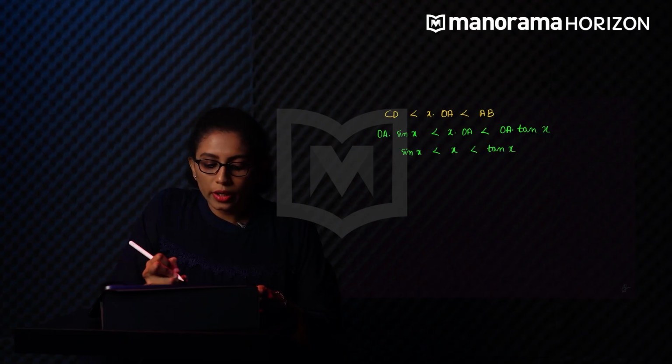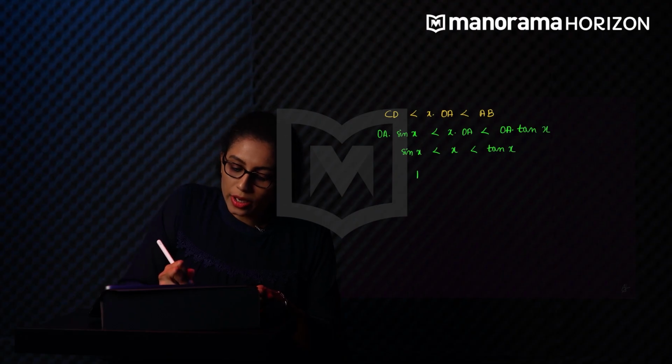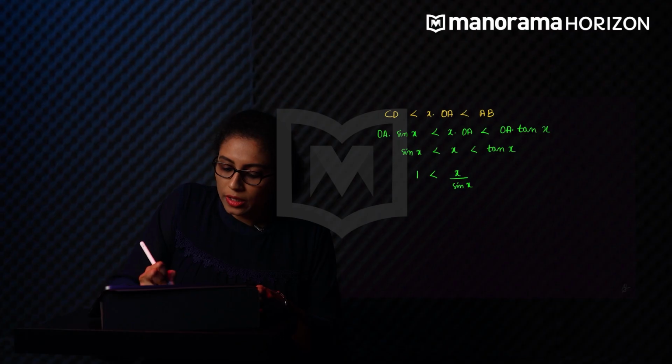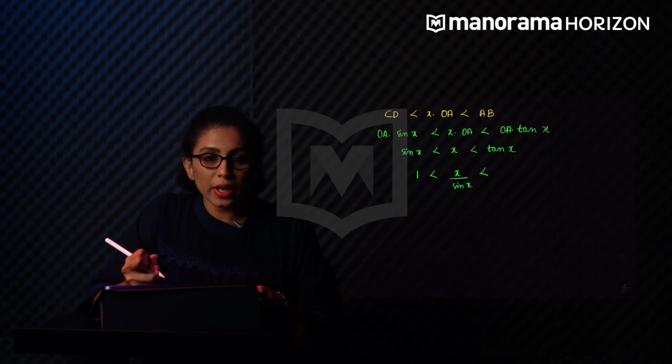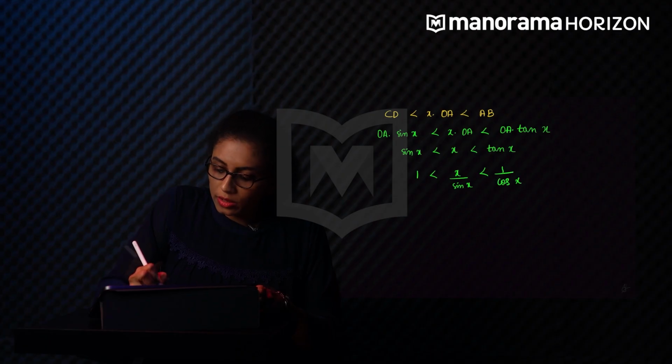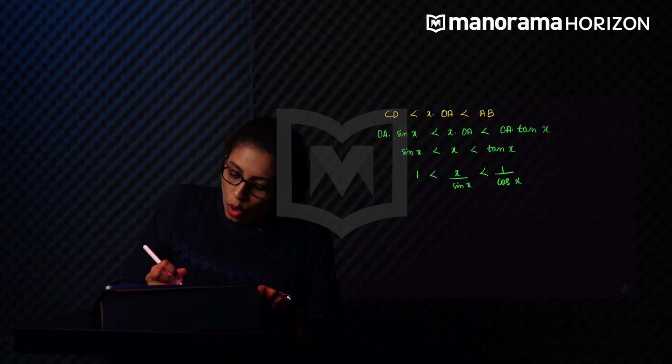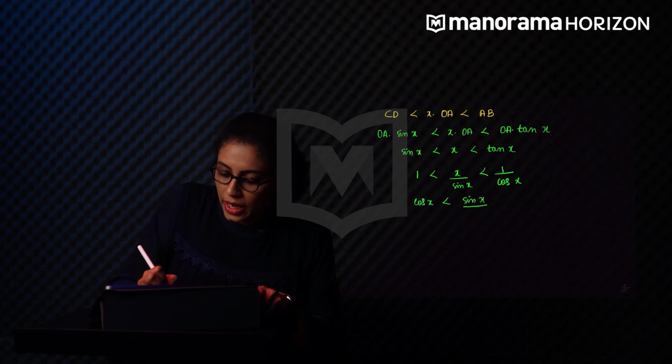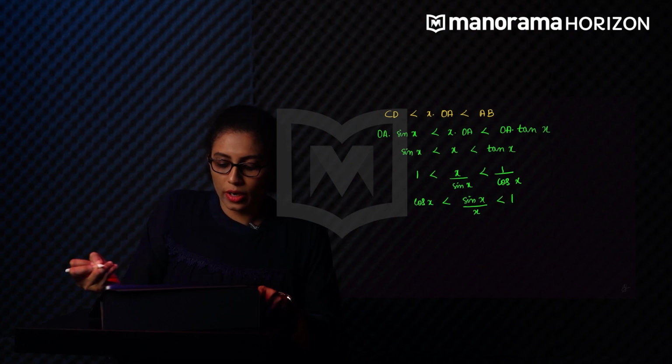Now dividing by sin x, we get 1 less than x by sin x less than tan x is sin x by cos x. Dividing by sin x, we get 1 by cos x. Now taking the reciprocal all throughout, we get cos x less than sin x by x less than 1.